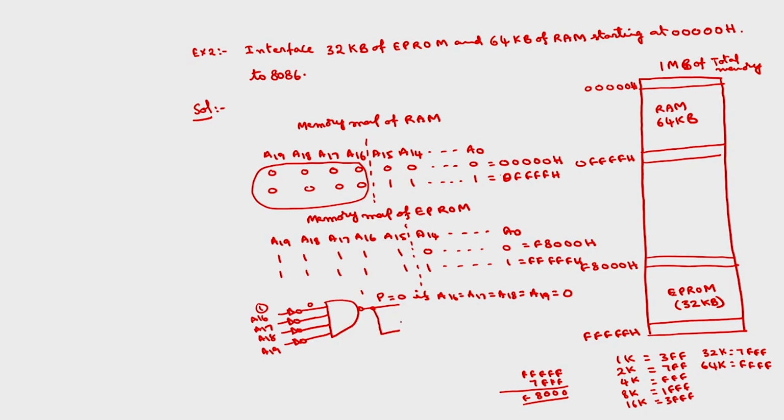So, this P I will take as one input. What are the additional signals for the EPROM? For the EPROM, the signals that we are going to connect to the microprocessor are A0 to A14. A15 to A19 are available. Out of this I have connected A16 to A19, which will generate 0 here. Now, I will connect this A19 as another input.